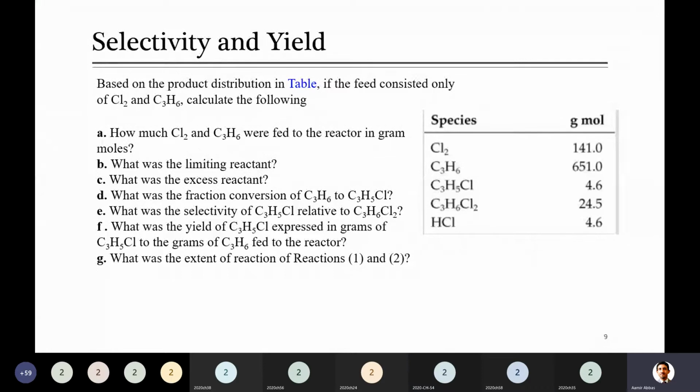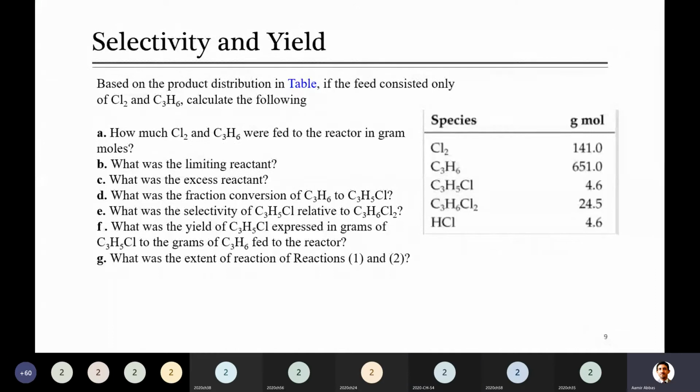First of all, you have to tell the limiting and excess reactant; how will you find B and C? Extent of reaction, sir. Extent only, or maximum extent? Maximum extent.